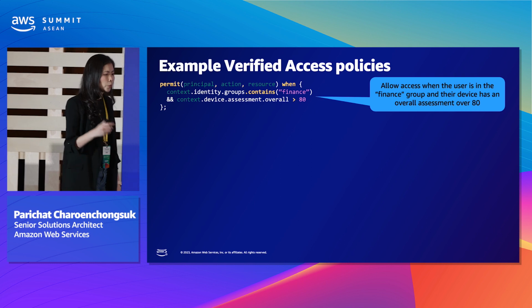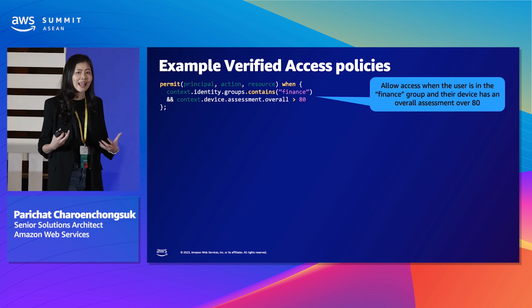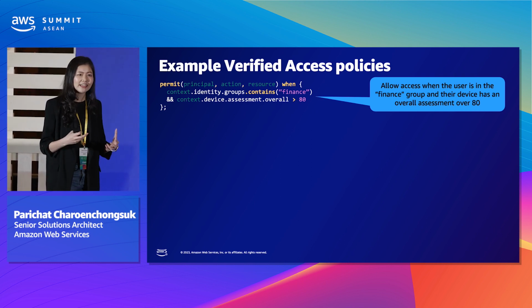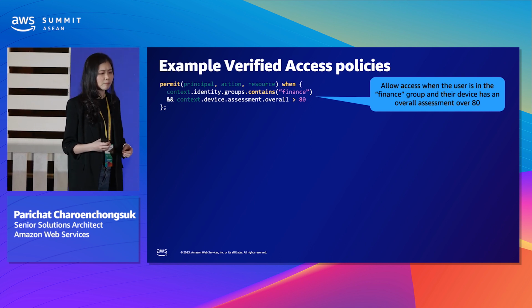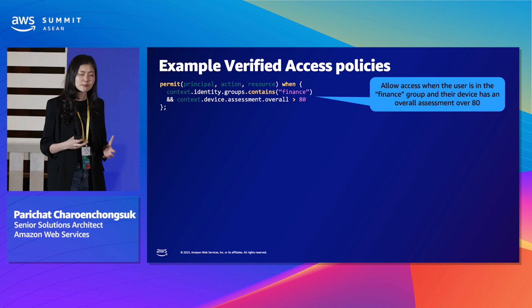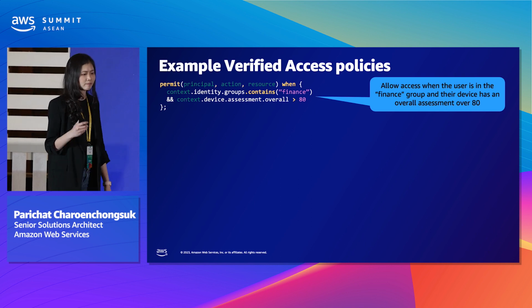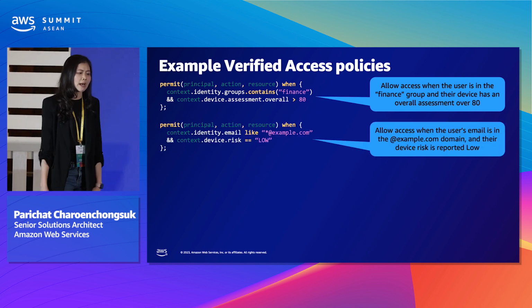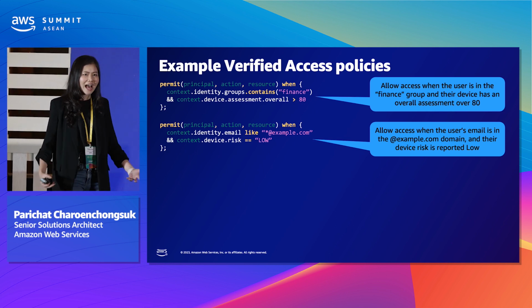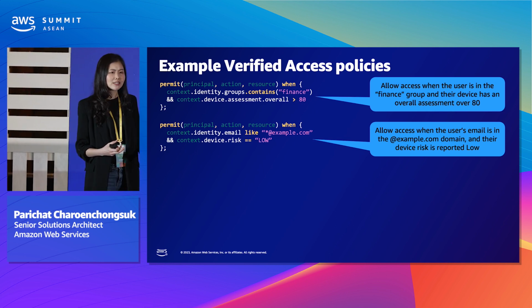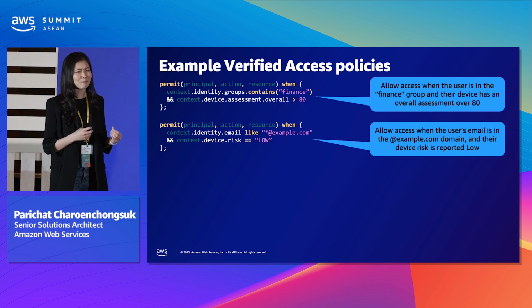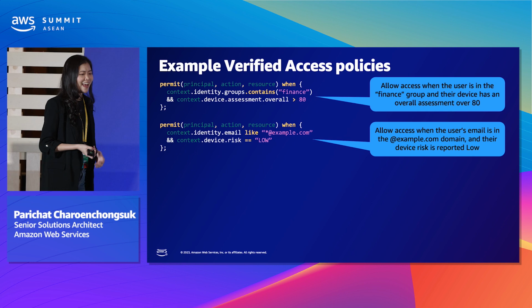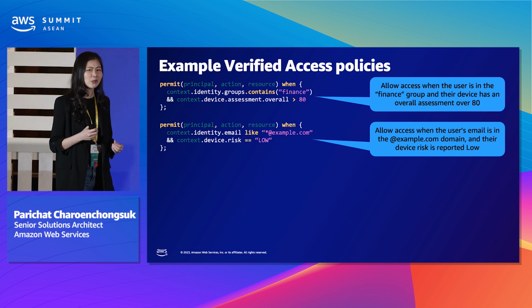First example, we want to permit or allow requests from a user that is in the group that contains finance and has an overall device assessment of more than 80. Next example, we just allow user emails that are in the @example.com domain and have a Rolex device.